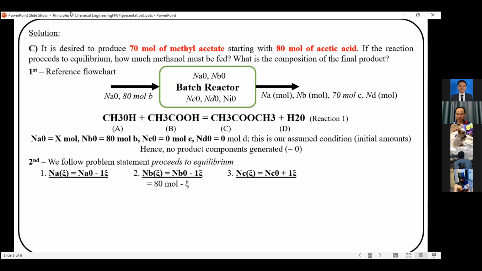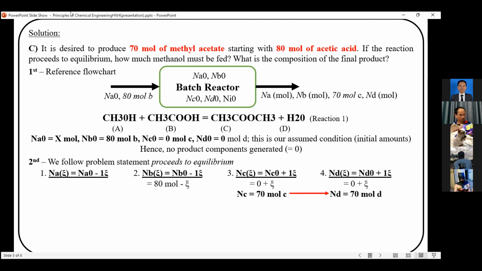So using this one, for equation number 1, the Na is still missing because we still don't have Na0. For number 2, we can already find... For number 3, we can already find the extent of reaction since NC0 is equal to 70.